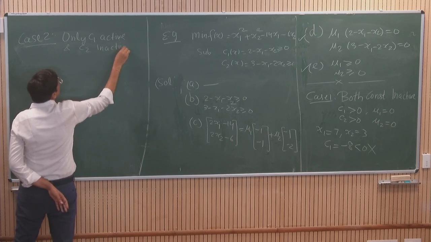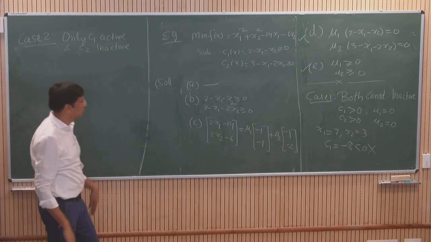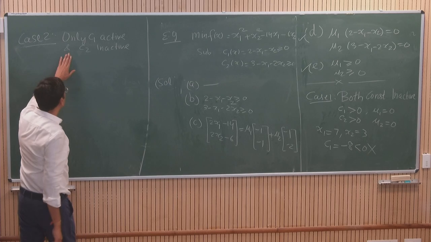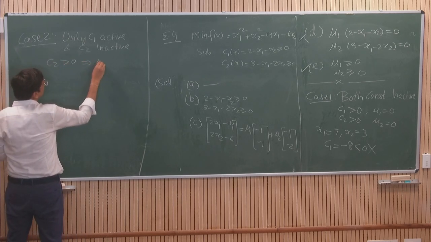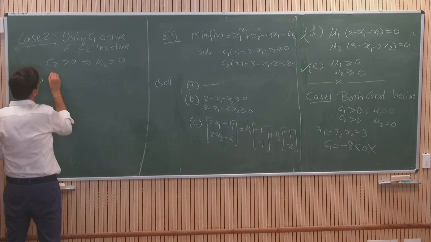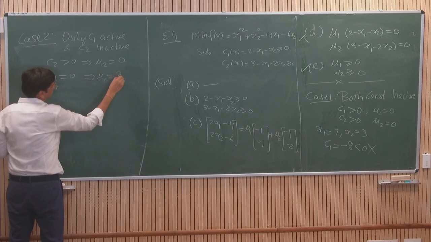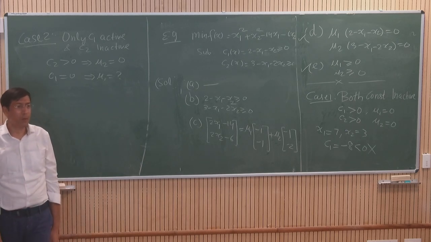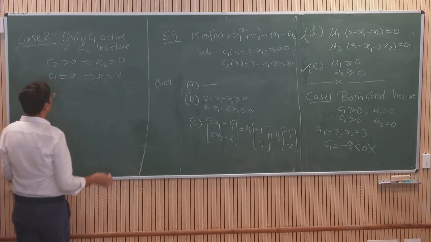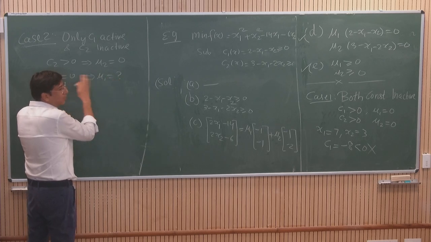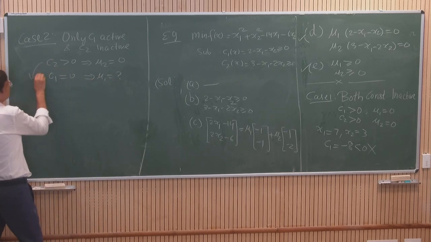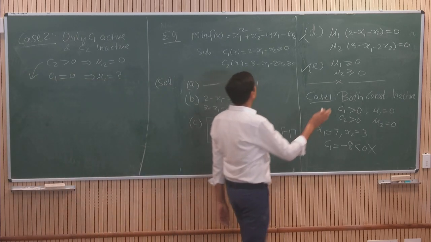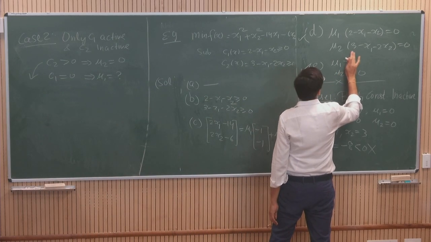The one which gives us the most simplification is, of course, D. So in this case, we're saying c2 is inactive, which implies mu2 is 0, and c1 is equal to 0, which implies mu1 could be anything, we don't know. Even if it is negative it will not bother us, because the whole product will be 0. So we're going to use this. So we started with this condition.